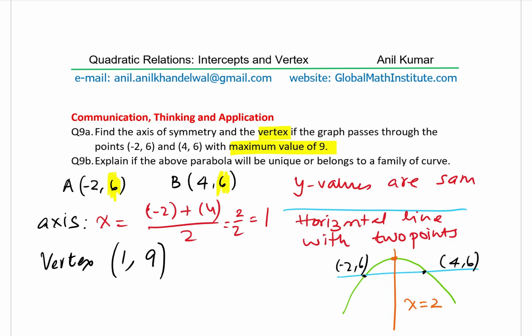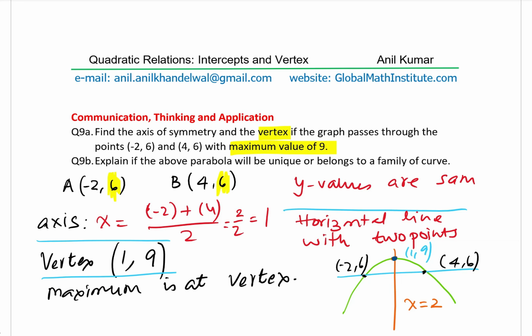And the point here is the vertex for us, and this value of the vertex is 1, 9. Do you understand? So that is how we get this value. So in this case, we have a parabola with maximum at the vertex. Is that clear? So we found the value as shown here. So I hope it is absolutely clear to you.